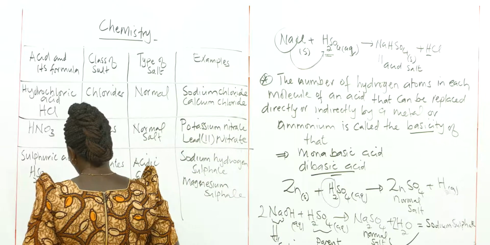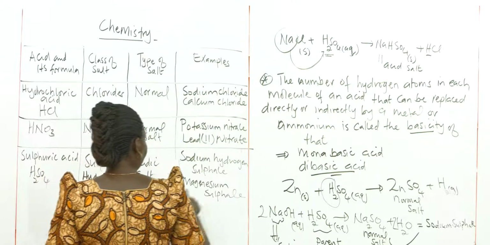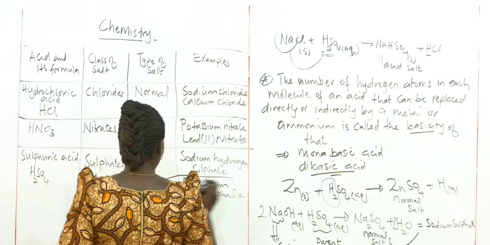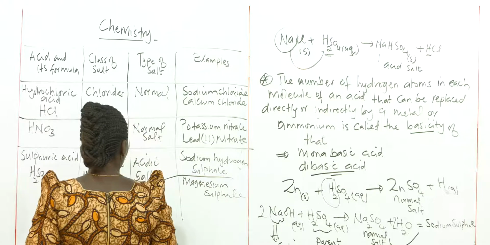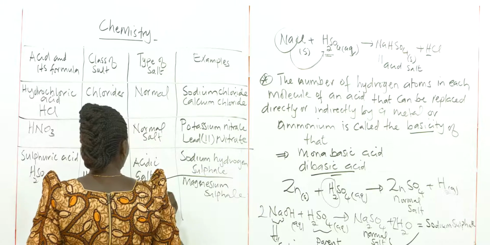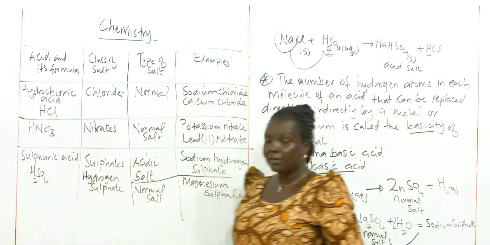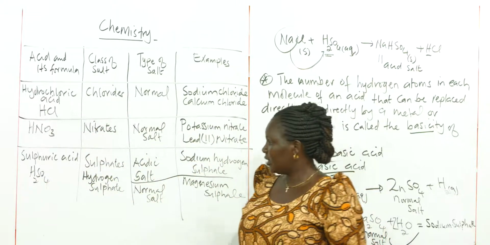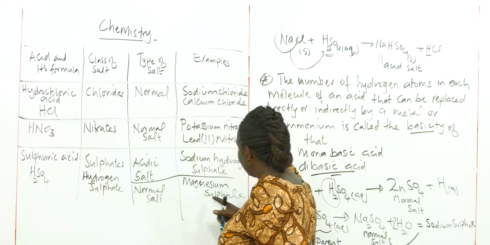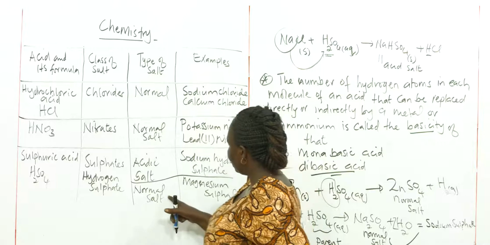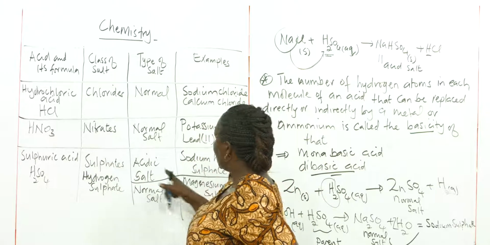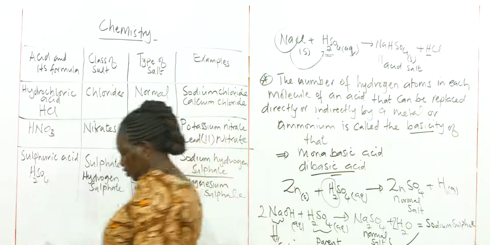Sodium hydrogen sulfate is an acidic salt. When we have magnesium sulfate, we have a normal salt. That is, sulfuric acid can give us both normal and acidic salt. When sulfuric acid reacts with magnesium, we get a normal salt, and when it reacts with sodium, we get an acidic salt.